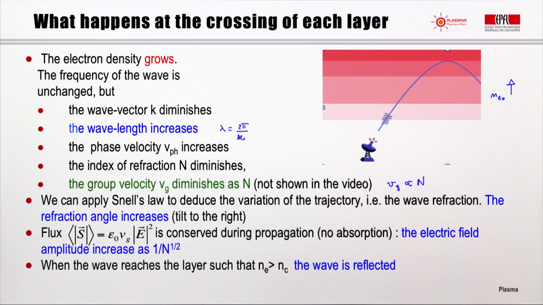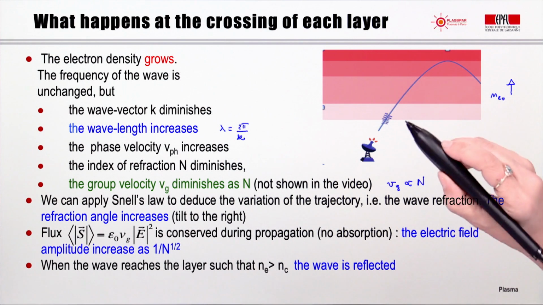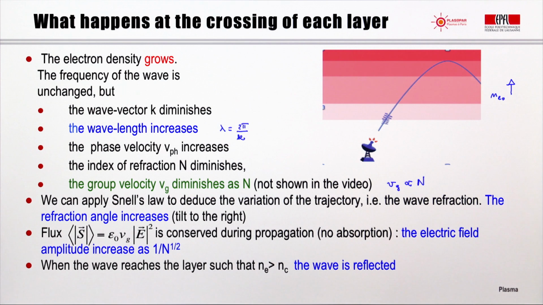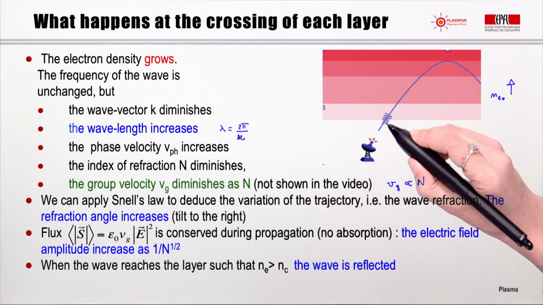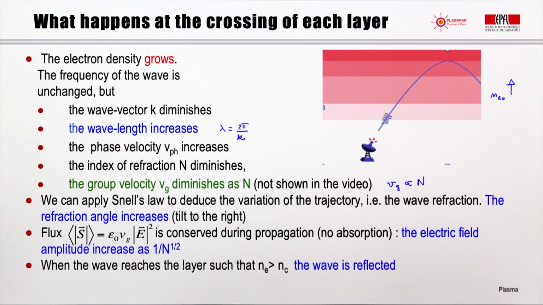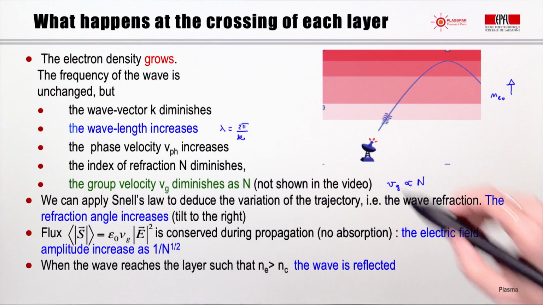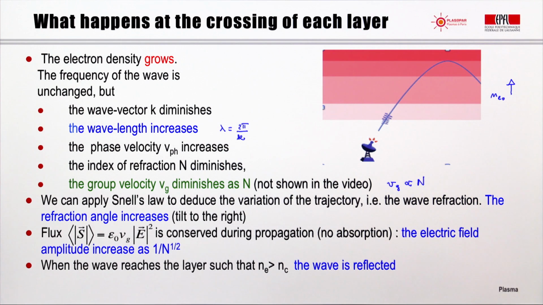This is not shown in the video, but in fact what will happen is that light will slow down as it reaches the higher levels of the ionosphere. Then we can apply Snell's law to deduce the variation of the trajectory. So the impinging angle is increased, and this corresponds to a tilt to the right and gives this trajectory.